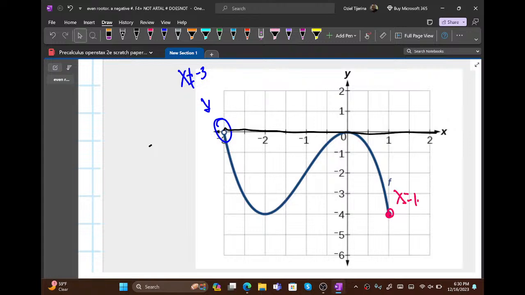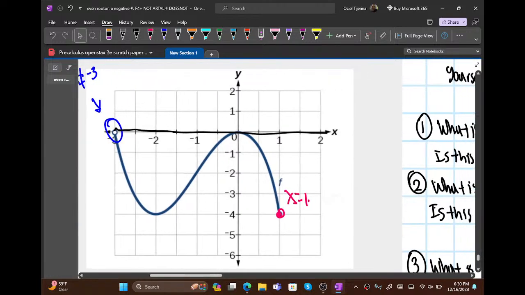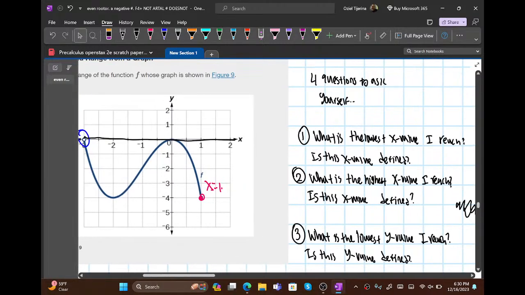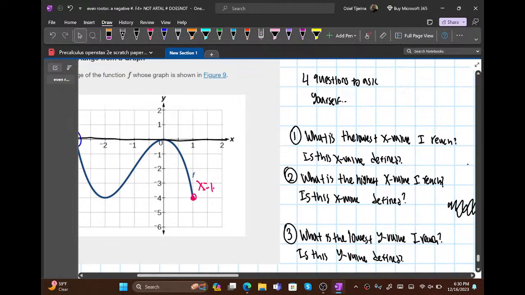Now the range is a little bit harder. We got rid of the domain, that first part, the highest and lowest x value.